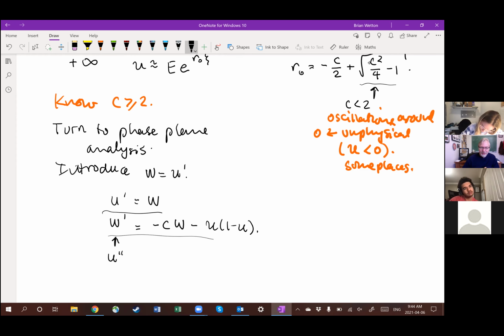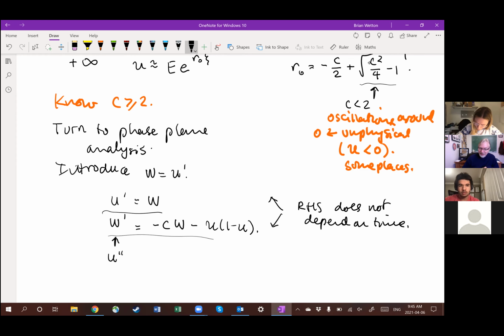Right, and why I'm calling this the phase plane is that this is an autonomous system, right? So this right-hand side does not depend on time. So the right-hand side is telling you the direction that u and w move in the c variable. Think of it as time, right?